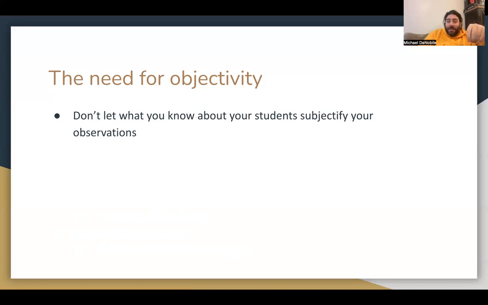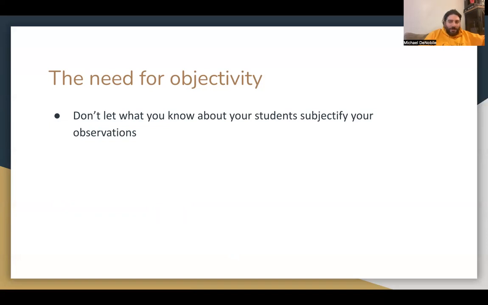Well, you can't say they're doing an annoying gesture in the observation, or they're doing this because they're annoying. You can't write the observation in that way. You need to take a step back and look exactly at the situation as it is and write down just what you see, just the facts, because you might think that student is annoying, but the student might not be annoying in an objective sense.